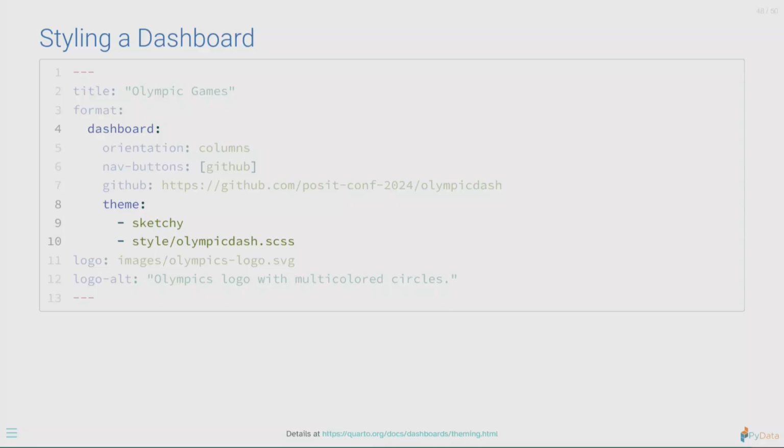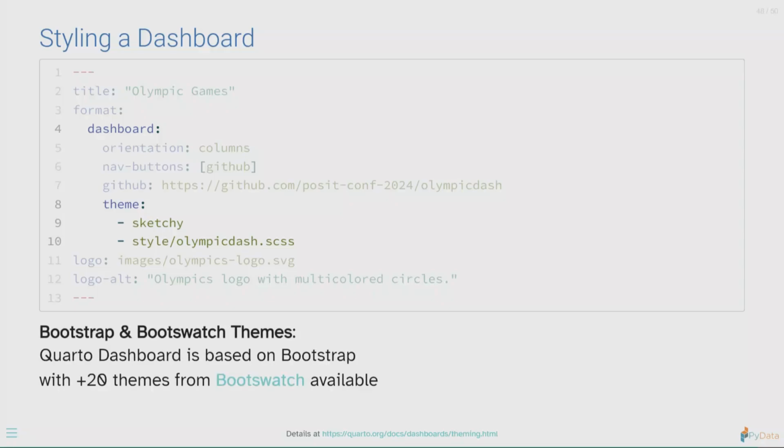But for the rest, the style comes from themes. All HTML formats in Quarto are based on Bootstrap, so it can be opted out, but the default is to be based on Bootstrap, and the dashboard is based on Bootstrap themes. Quarto dashboard includes more than 20 themes already built in, which are predefined defaults.